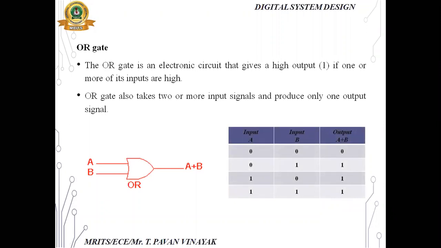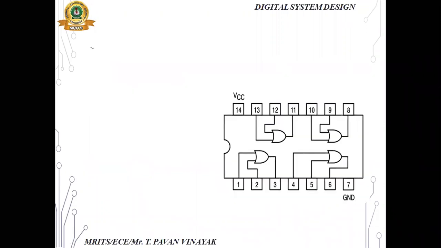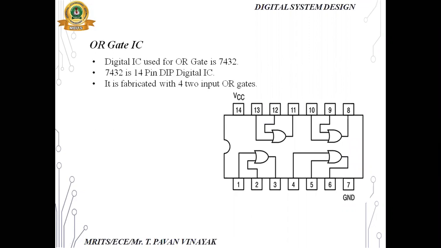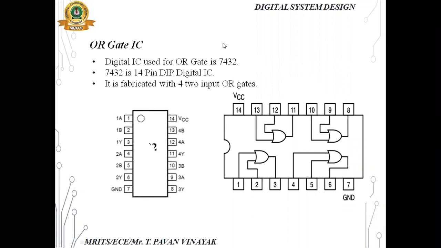Next, the IC number for the OR gate is 7432, and the structure is the same as the AND gate. It has 14 pins, 1 to 7 and 8 to 14. Only the number is changed, 32.